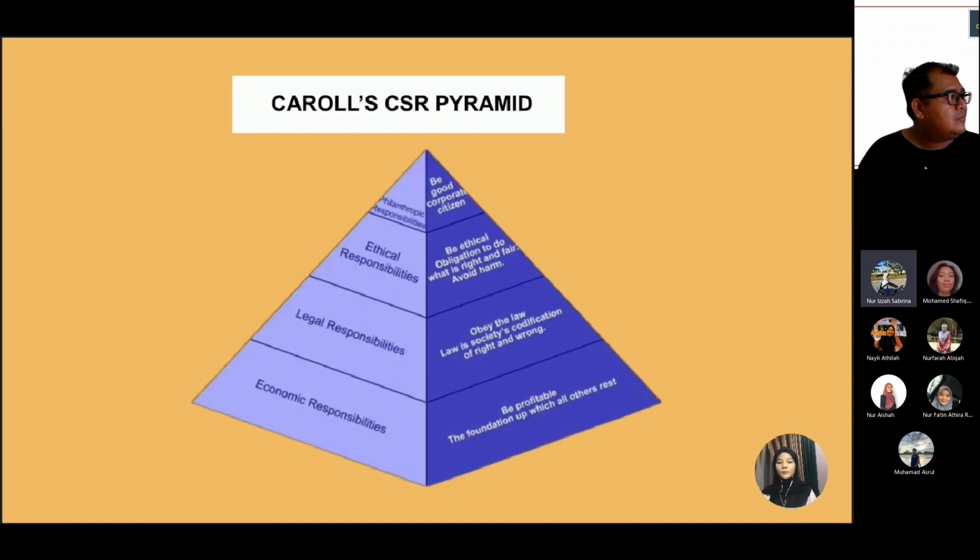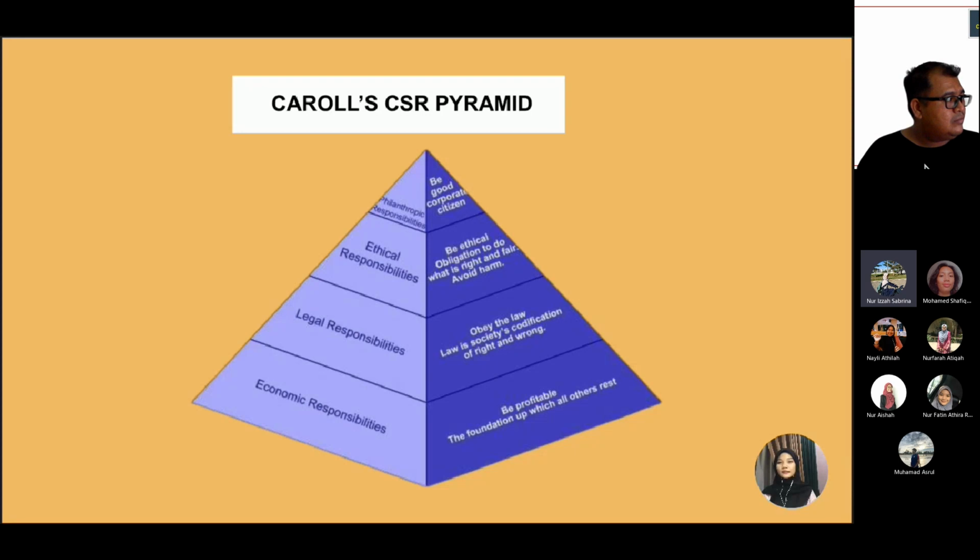Sebagai contoh, operating consistent with government and legal expectations. Third one is ethical responsibilities, which change over time because they are based on the expectations of society. Okay, maksudnya pula dekat sini, satu company ni tak hanya patuh kepada law sajalah, diorang kena follow business ethically juga.